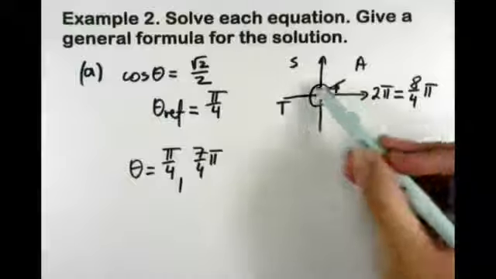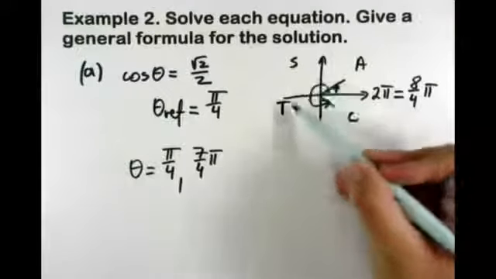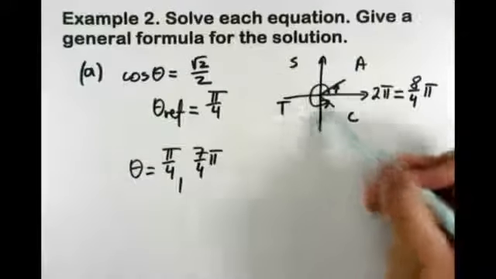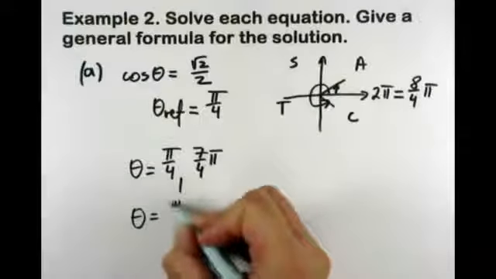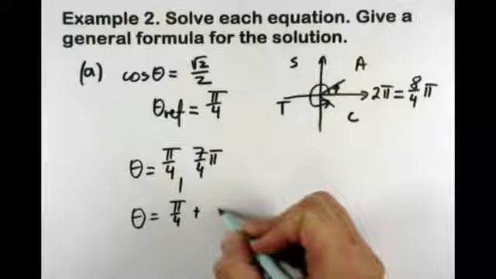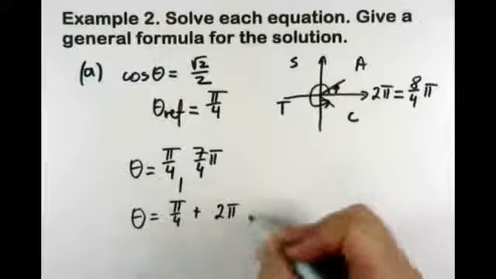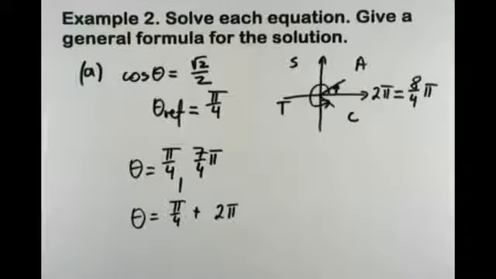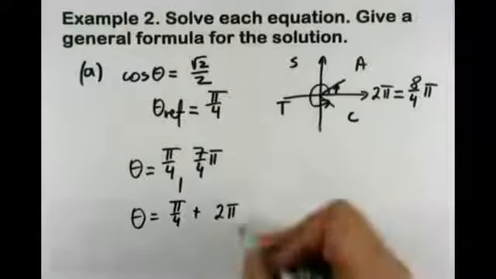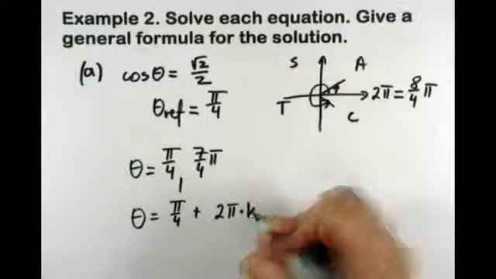And now we can go another revolution, another revolution, another revolution. So my theta is equal to pi over 4 plus 2 pi, another 2 pi, another 2 pi. So we can write that this is 2 pi times a multiple k.